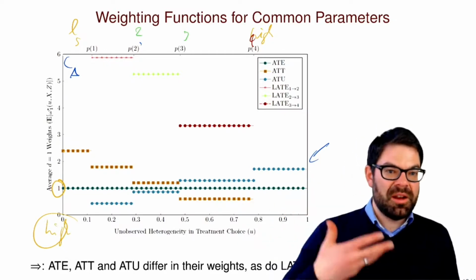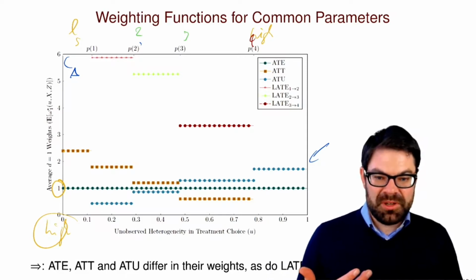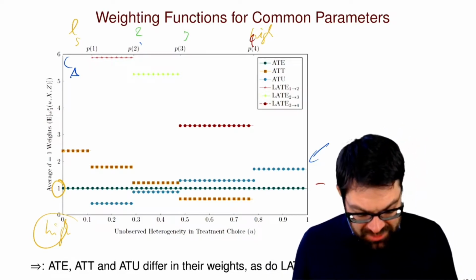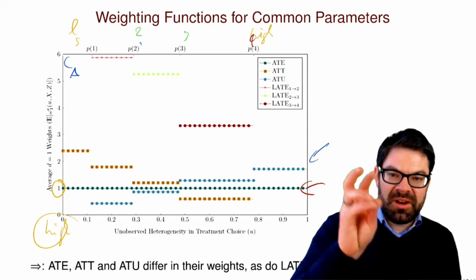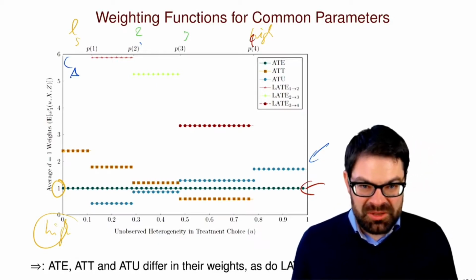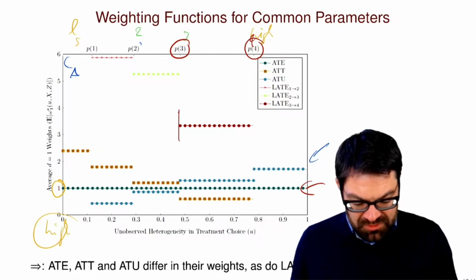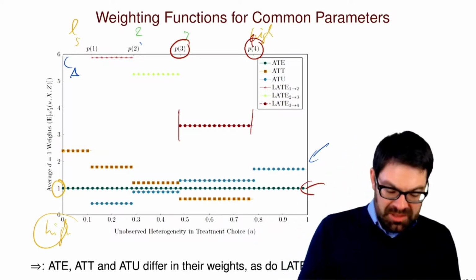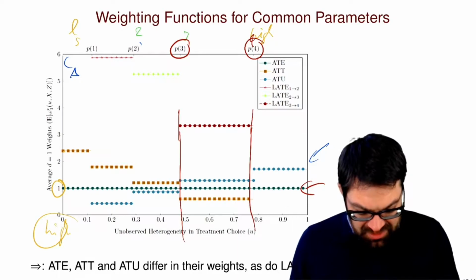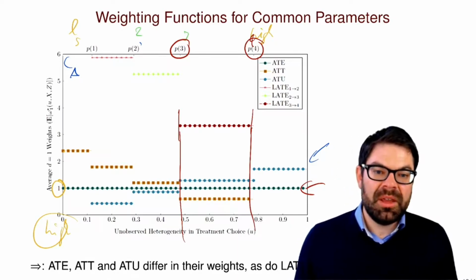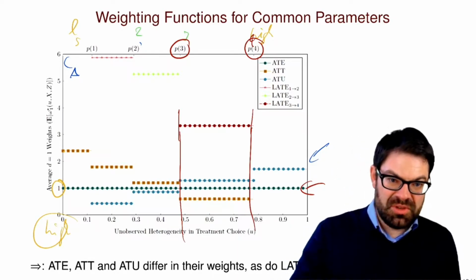So let's say that the target parameter is the average treatment effect. That gives everyone equal weight, whereas what you're identifying is maybe you have an instrument that shifts everyone from 3 to 4, so shifts people in this segment into the treatment.